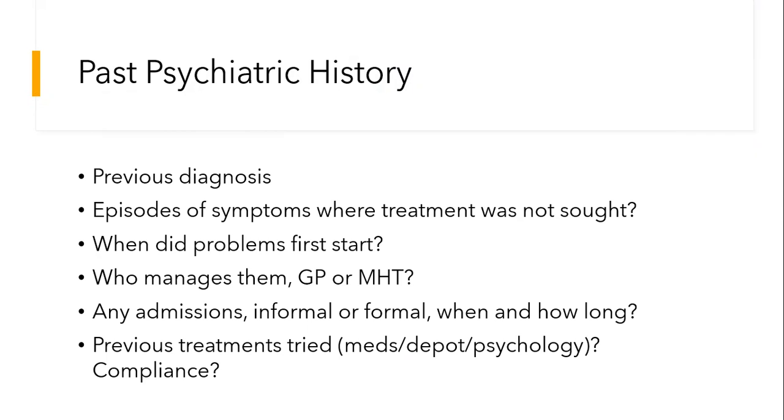Other times, it may be something that is advised under a community treatment order. And that means a patient may have to attend to have a depot at regular intervals and be monitored by the mental health team. And this will be under a compulsory community treatment order. And this is usually advised because there have been issues of poor compliance in the past.